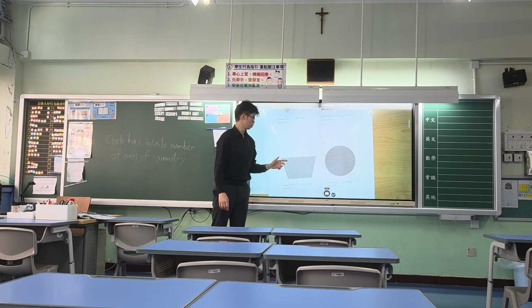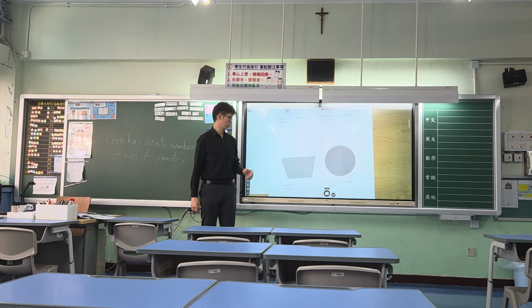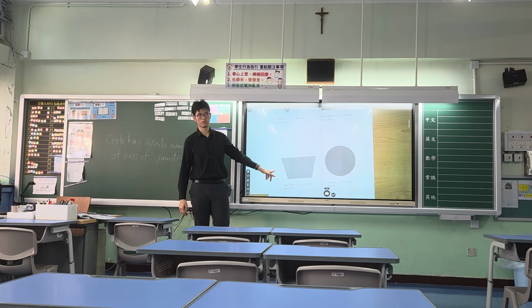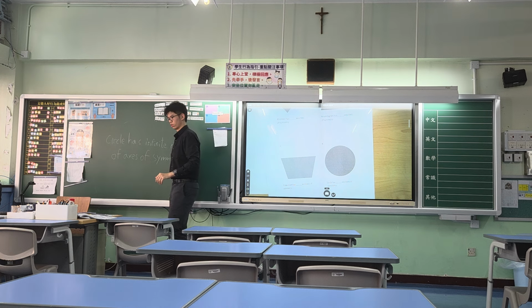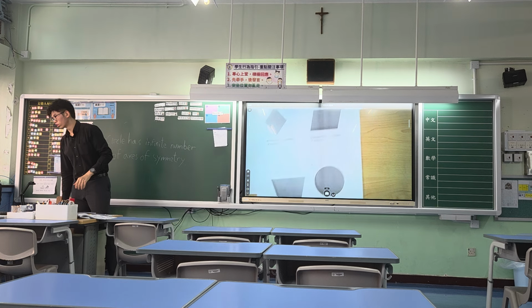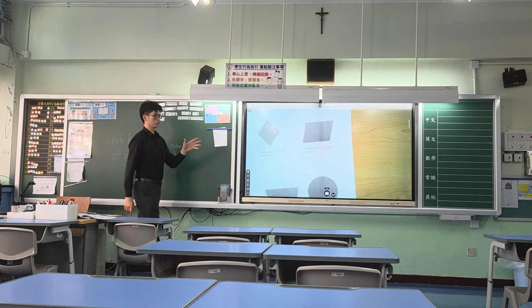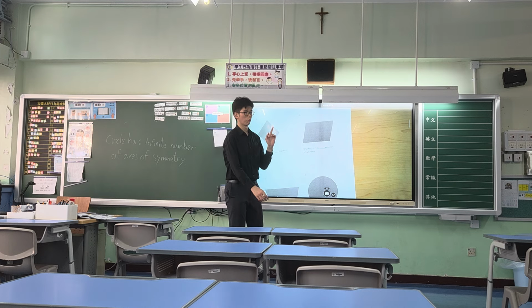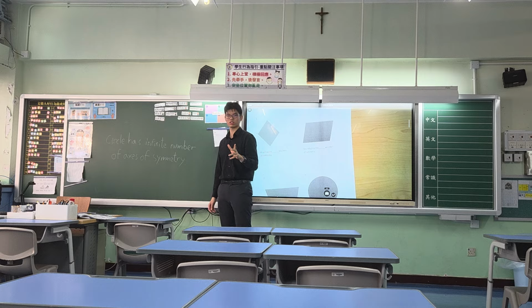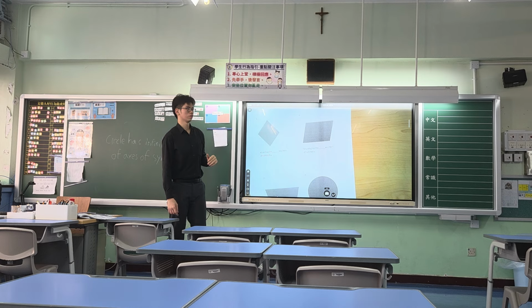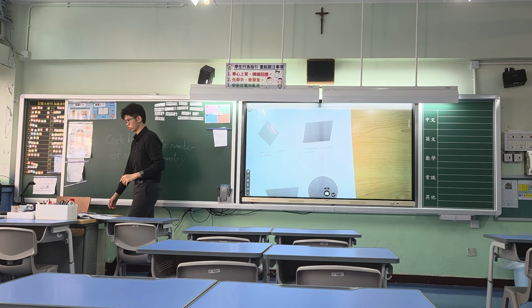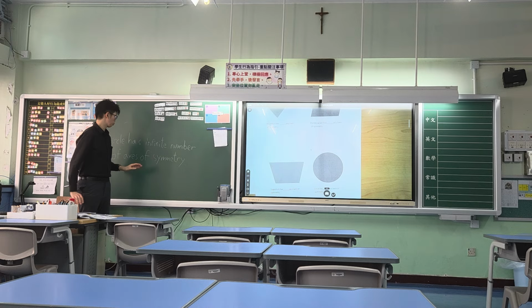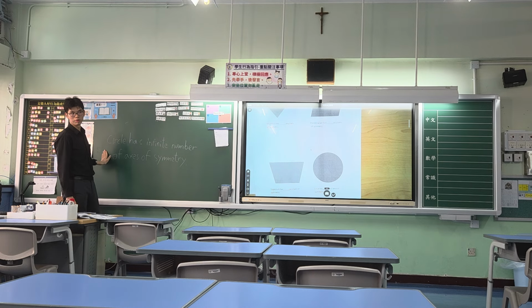But some of the 2D shapes are not symmetric, like trapezium or parallelogram. But there is also a unique condition: one shape has infinite number of axes of symmetry. That is the circle. Remember to write this down in the class workbook.